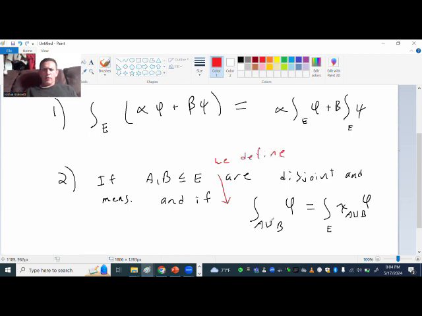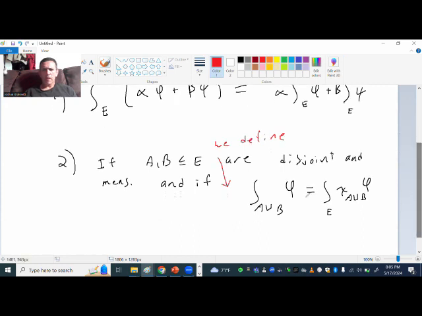In general, if I have a subset A of E, the integral over A of this would just be the characteristic function of A times this simple function. So this is saying integration against a simple function behaves kind of like a measure. We'll make that much more clear later on, and absolutely it will behave like the Lebesgue measure.